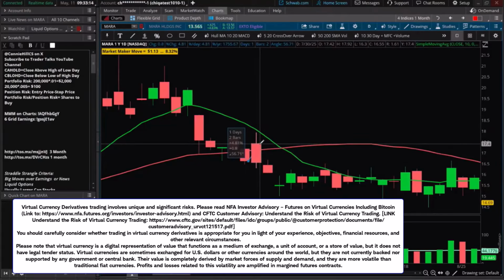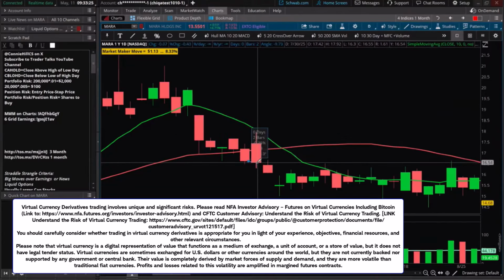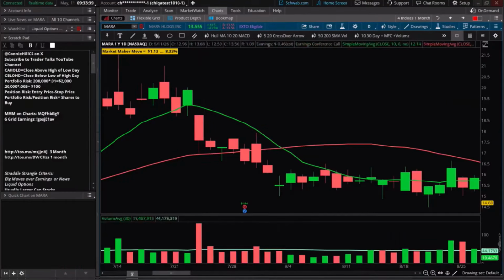They gapped up about almost 5%. They ran higher, got up 8% at one point. But by the end of the day, they dropped pretty close to where they started. Went down a little lower, so a little bit of a drop. But then over the next two days, it continued to drop. By the time it finished dropping, that was almost a 9.5% move.